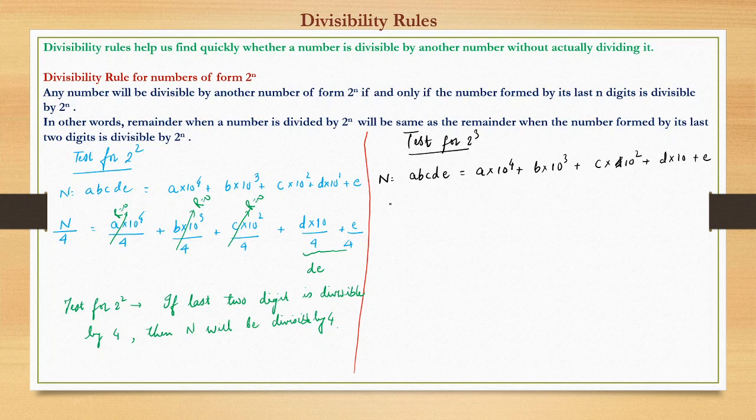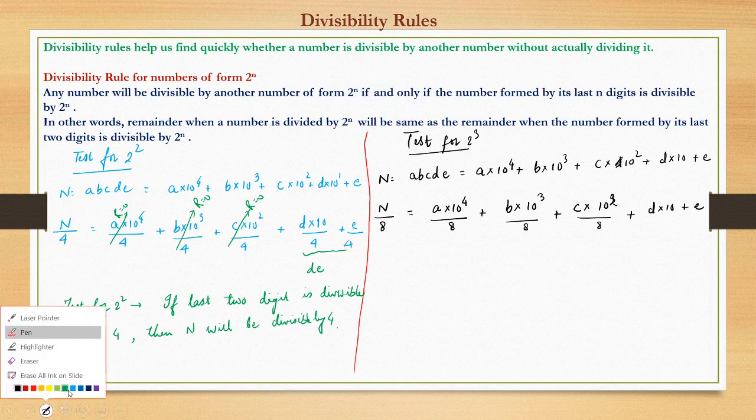Now n when divided by 8 will be 10 raised to power 4 by 8 plus b into 10 raised to power 3 by 8 plus c into 10 raised to power 2 by 8 plus d into 10 plus e.